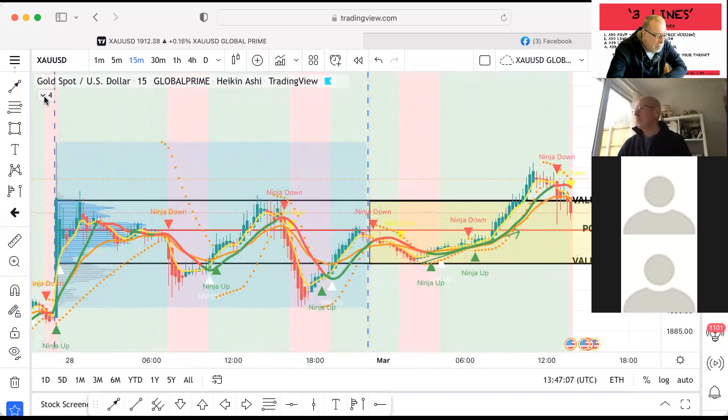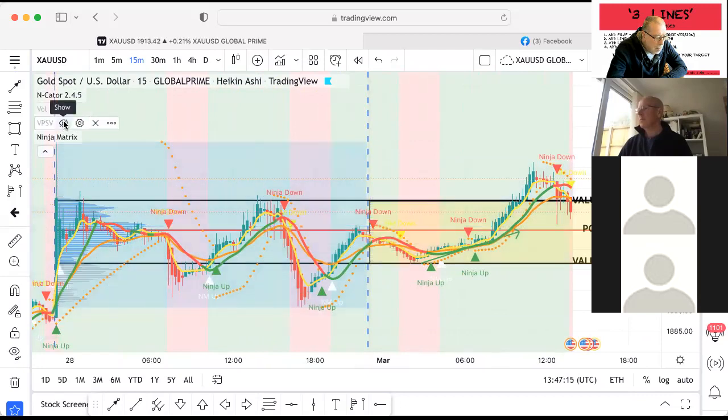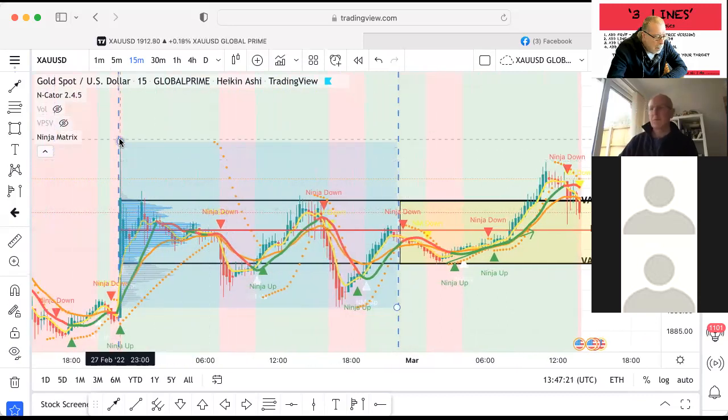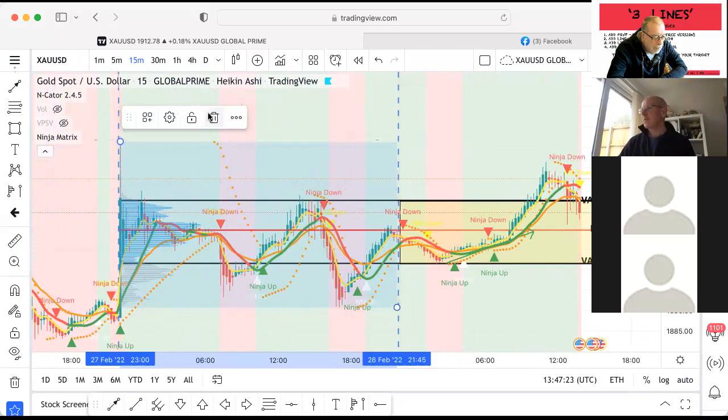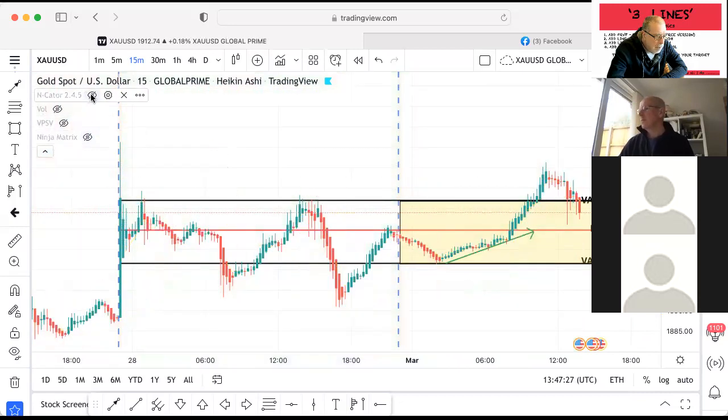If I just get rid of that and take this off, just strip it back down to bare bones.